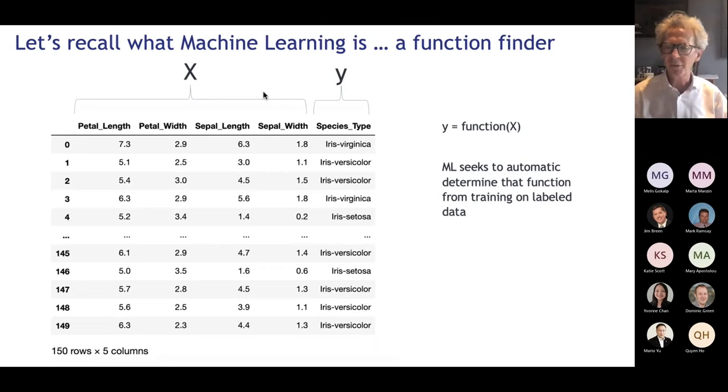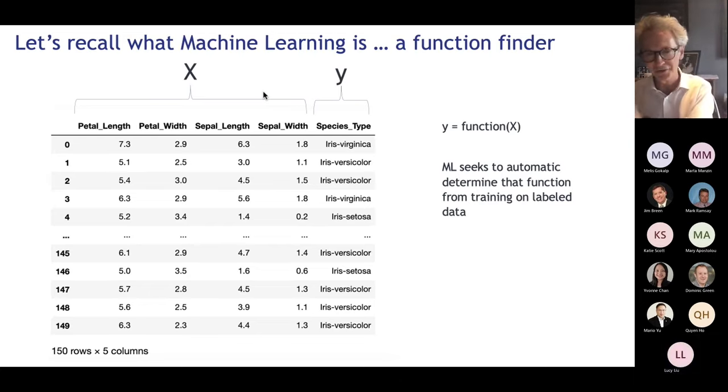And just a reminder on what machine learning is, I have 3 slides from my 101 class. You could think of machine learning maybe as a function finder. You're trying to build an algorithm that takes features, they're called, but you might consider that X, and returns Y. This is the data set that I used in the last class.